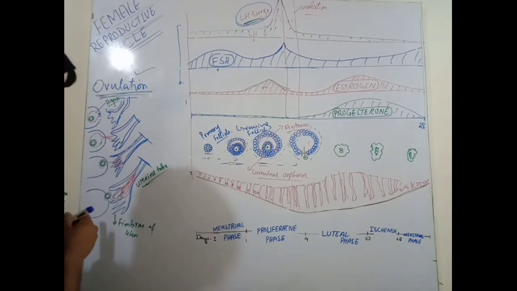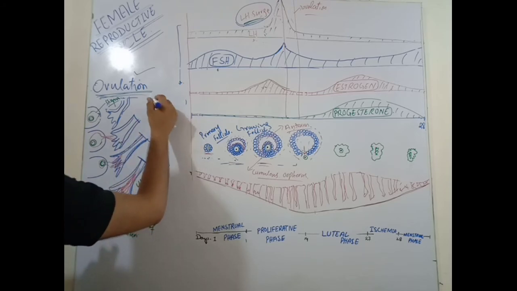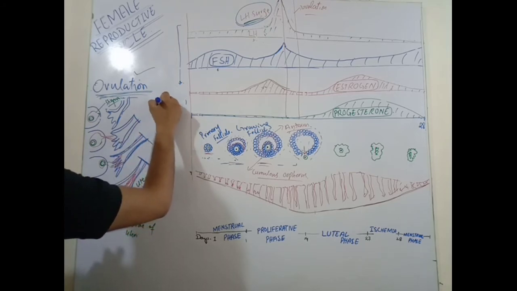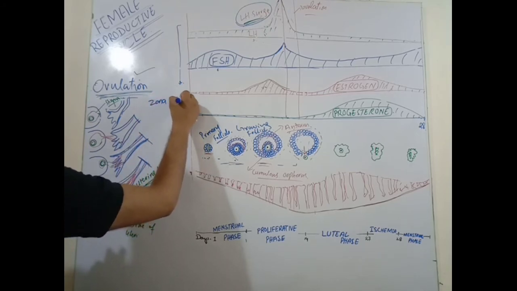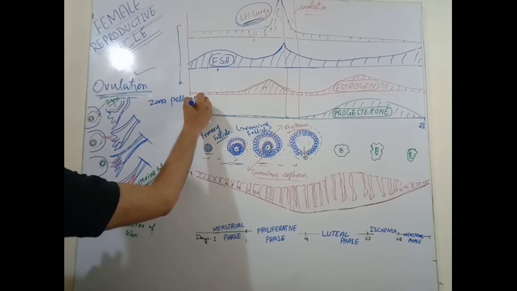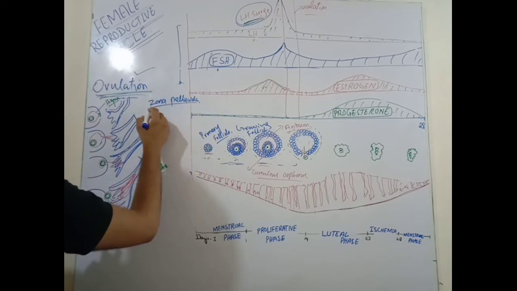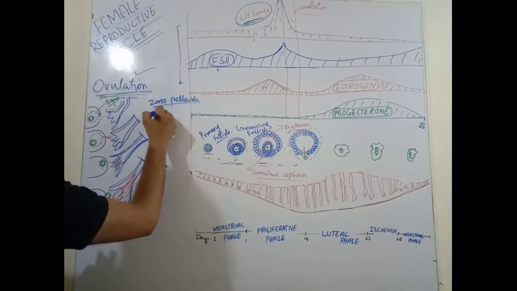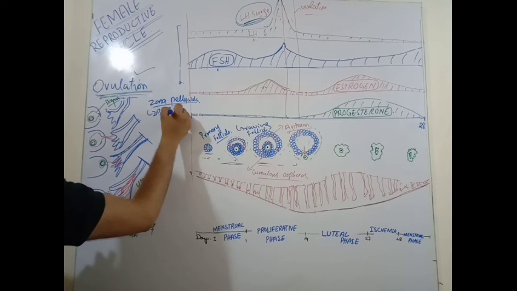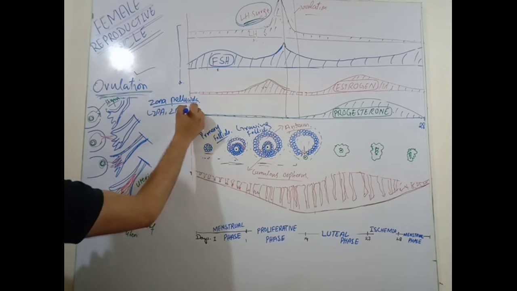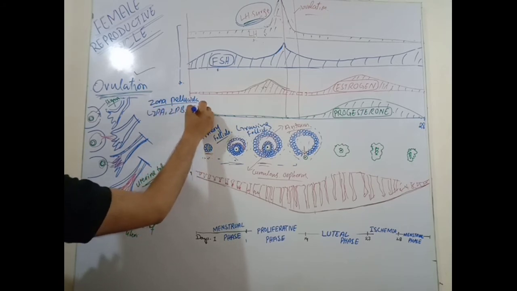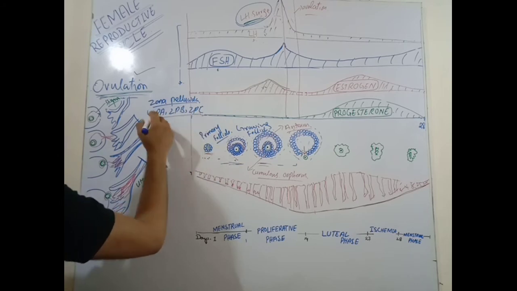This secondary oocyte contains two coverings around it. One is the zona pellucida, containing different types of proteins, glycoproteins, ZPA, ZPB, and ZPC, I think, whatever.